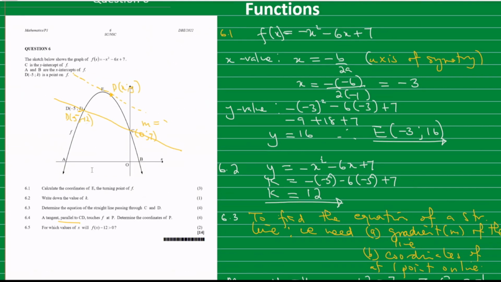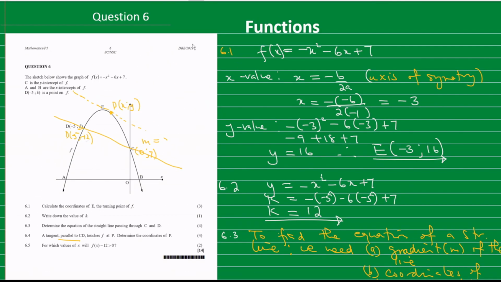So when we come back to our equation here, we found that at this point, at D, these are the coordinates negative 5 and 12. Okay, those are the coordinates.